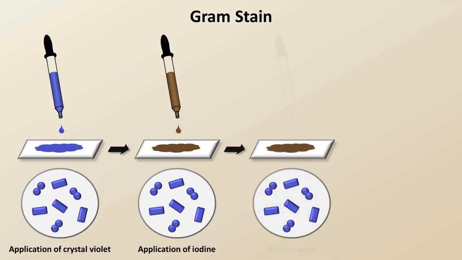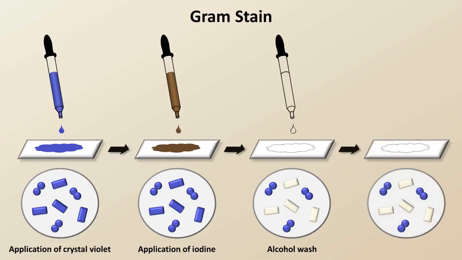Then the cells are washed with ethyl alcohol or sometimes acetone. In gram-negative cells, the alcohol or acetone destroys the outer lipopolysaccharide membrane and washes out the crystal violet-iodine complexes so that these cells become unstained again. However, the crystal violet-iodine complexes cannot be washed out of the much thicker peptidoglycan layer in gram-positive cells, so they stay purple.